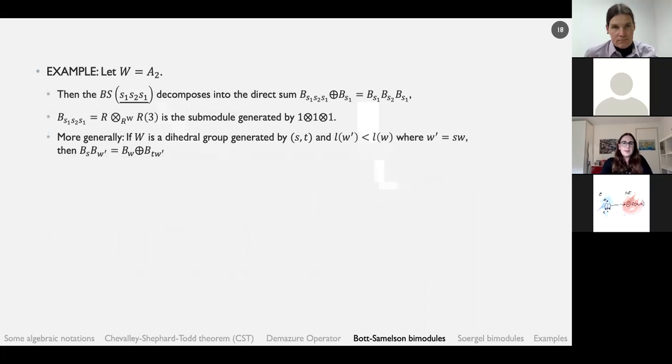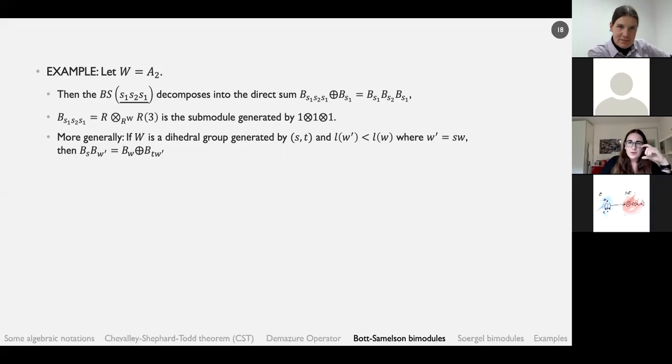So let me do an example. Let W be A2, the alternating group of degree 2. Then the Bott-Samuelson bimodule BS of s1 s2 s1 decomposes into the direct sum of BS(s1 s2 s1) with the direct sum of BS1, which is then equal to BS1 BS2 BS1.